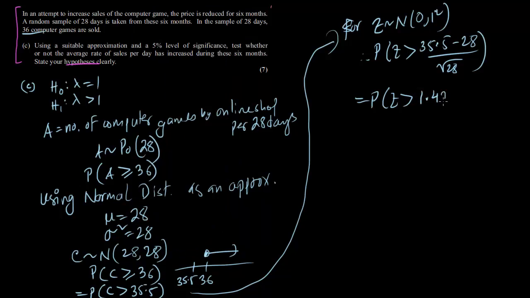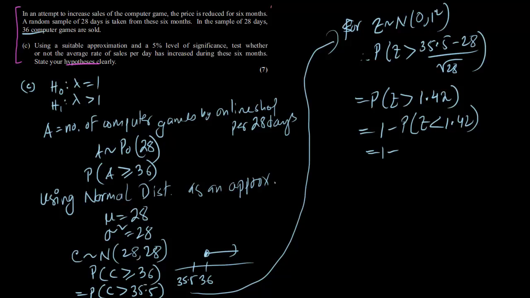So 1.42. In order to make this less than, we have to write 1 minus the probability of Z is less than 1.42. Now remember, it doesn't really matter what value it is because it is continuous. It doesn't really matter because it's not discrete.